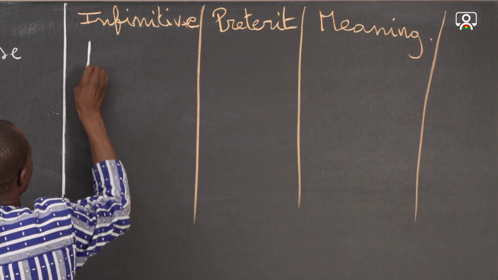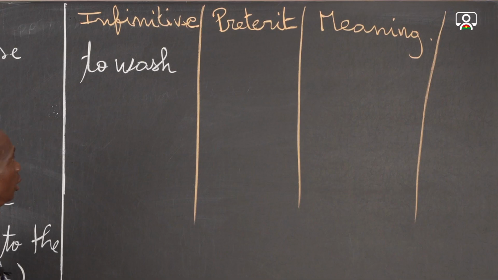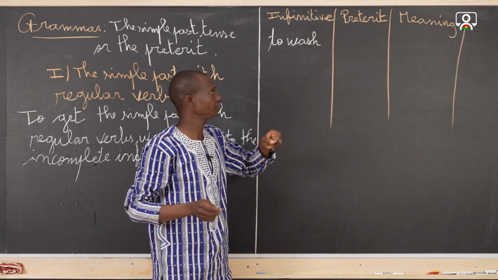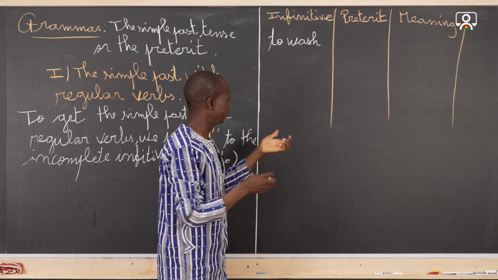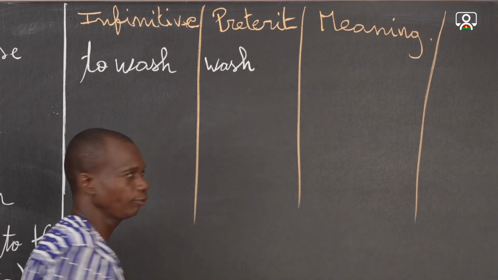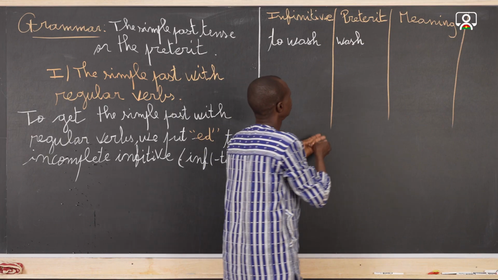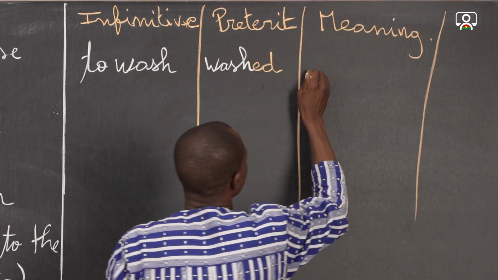For example, wash. This is a regular verb, and to get the simple past of this verb, we put ed to the incomplete infinitive. The incomplete infinitive is wash. So if we want the preterit, we put ed here, which means in French, laver.